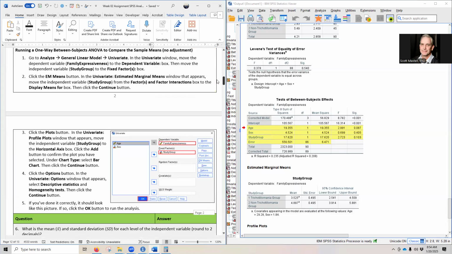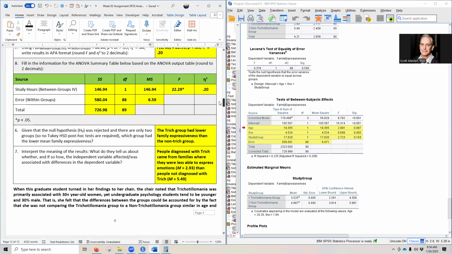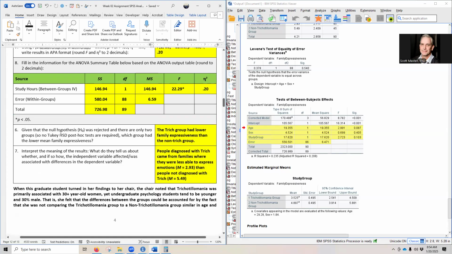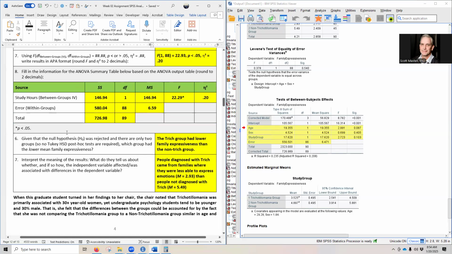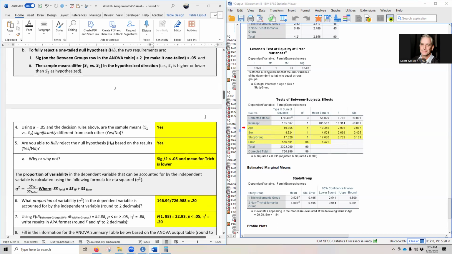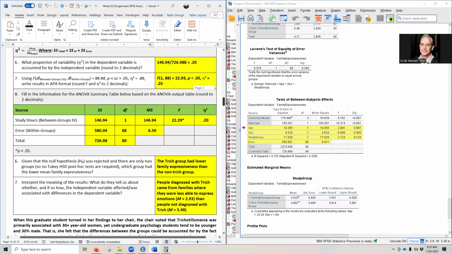When we did this as an ANCOVA, we found that there was a significant difference between the groups, right? That significant difference was that the trick group had lower family expressiveness on average, where those means were 2.93 and 5.49.